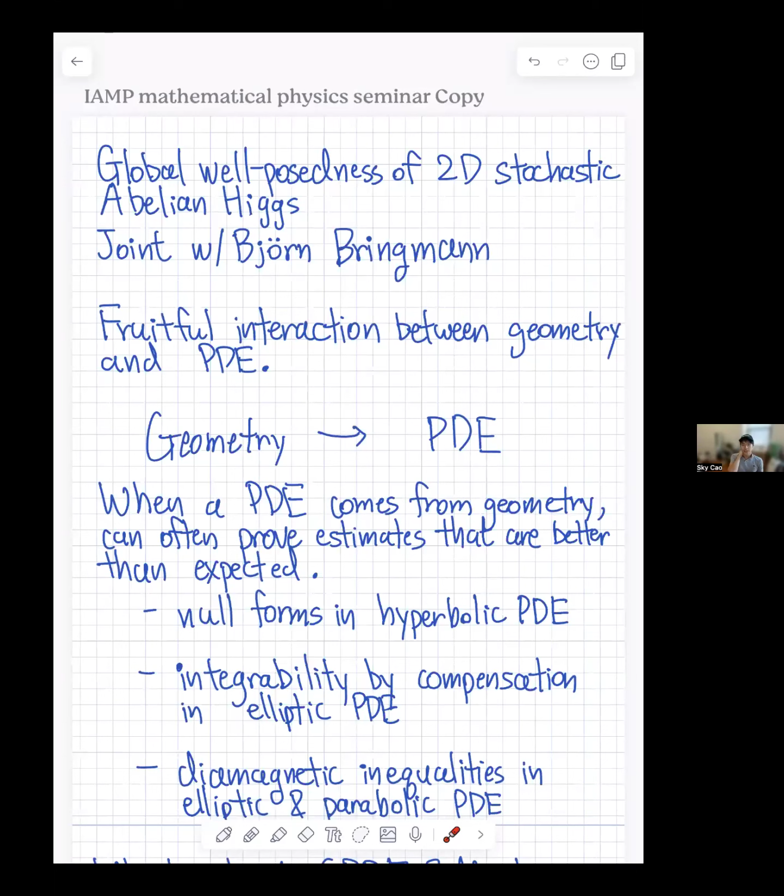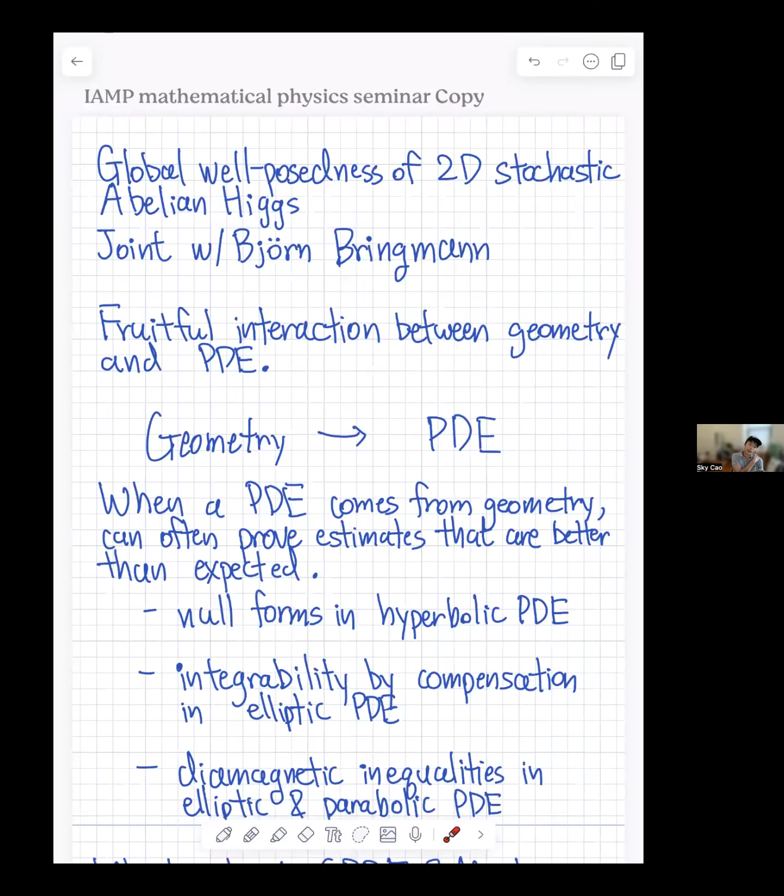So then you might ask yourself, in which situations would you actually expect to see such a nice nonlinearity, with this very special null structure? And the answer is, if your PDE came from geometry. It's often the case that wave equations coming from geometry exhibit this null structure, which you can then use in your analysis.